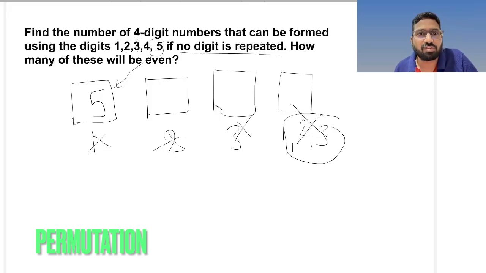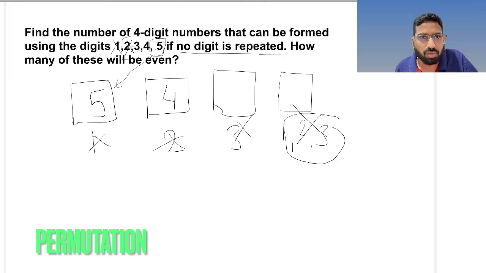Since one of the numbers is chosen and no digit is repeated, we will cross out one of the numbers, any number. So for example, I cross out this. Now how many numbers am I left with? Just count these numbers: 1, 2, 3, 4. Just put here 4. Since now two numbers are gone, I will cross these.